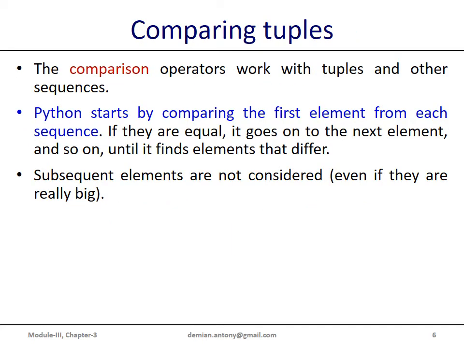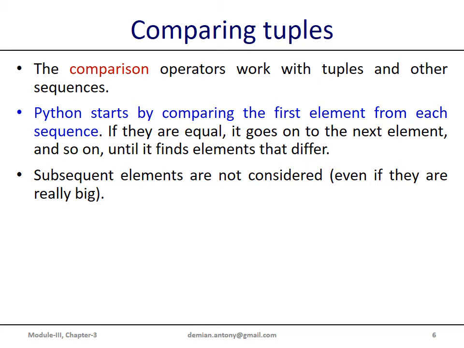Comparing tuples. The comparison operator works with tuples, and the comparison always starts from the first element present in the sequence. If the first elements of two tuples are equal, then the second element is compared, and so on until it finds elements that differ.